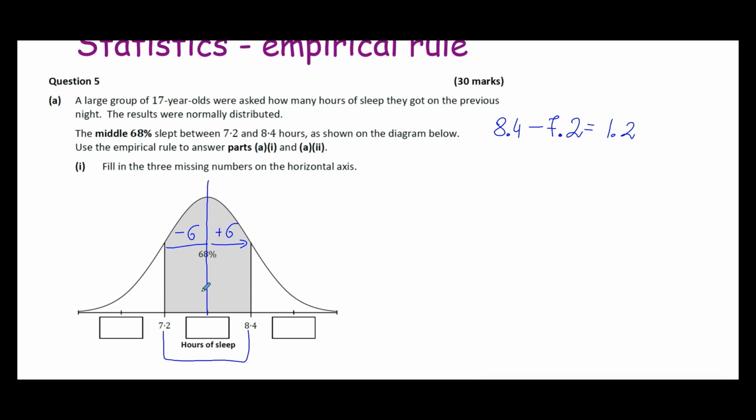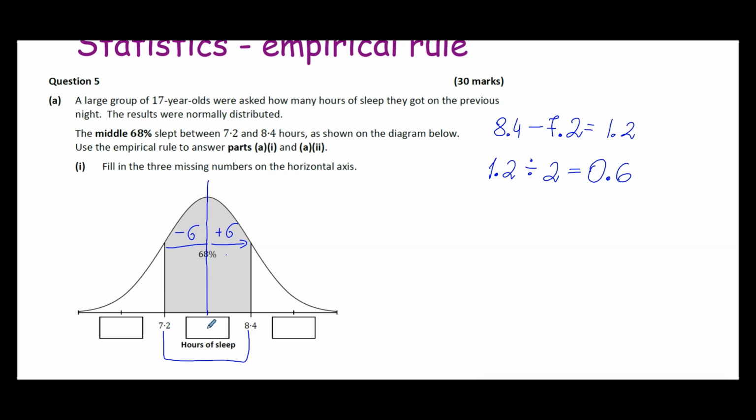Now I divide it evenly into two parts to find one standard deviation. 1.2 divided by 2 gives 0.6. So from the mean, we added 0.6 and got 8.4, and on the other side, we took away 0.6 and got 7.2.